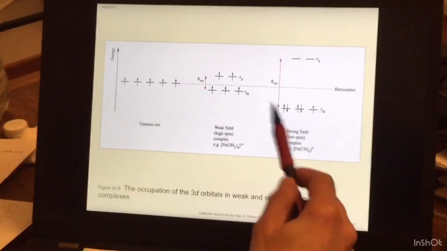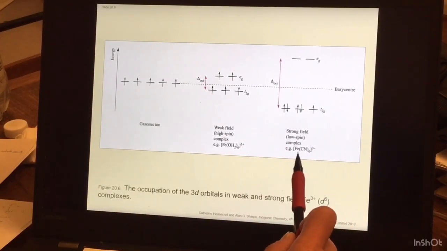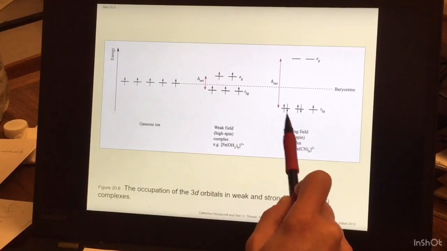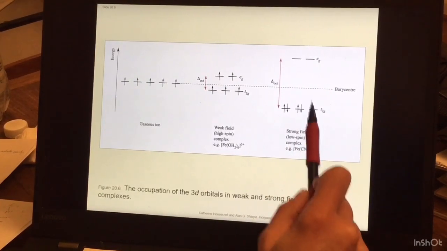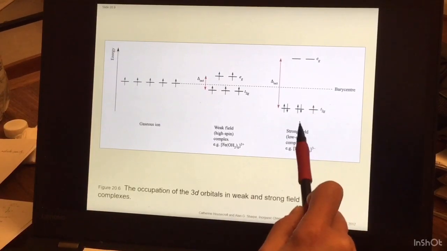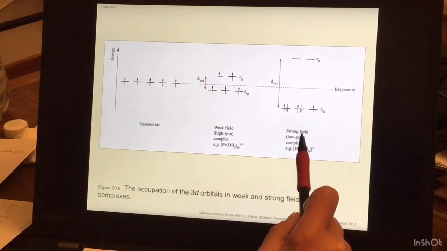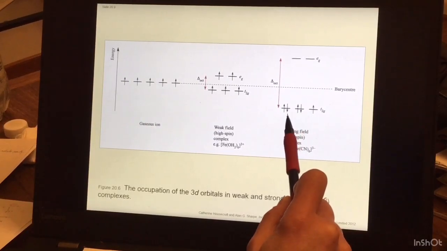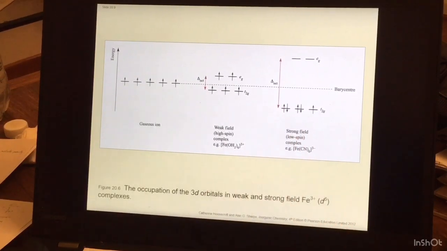It's exactly the same thing here. For this ion the d^n configuration is d5, and all five electrons stay in the lower set of energy. That's why, whenever we have a strong field ligand, we have a low spin complex, because the electrons are occupying the lower set of energy.